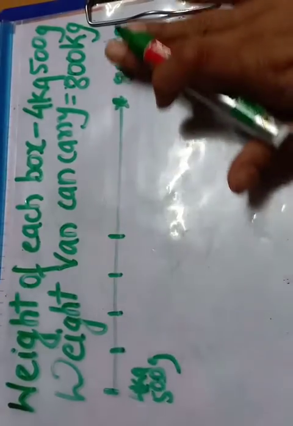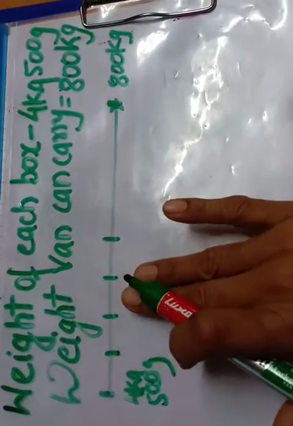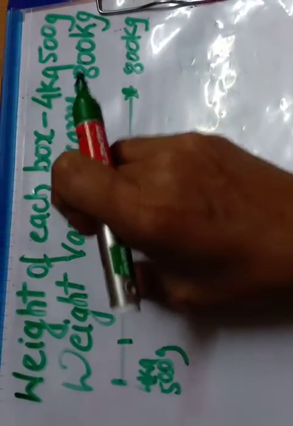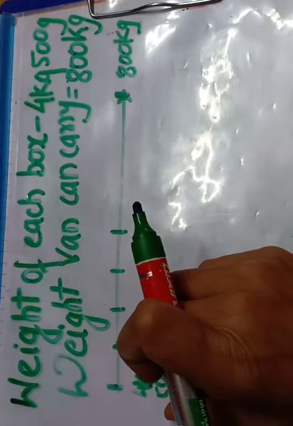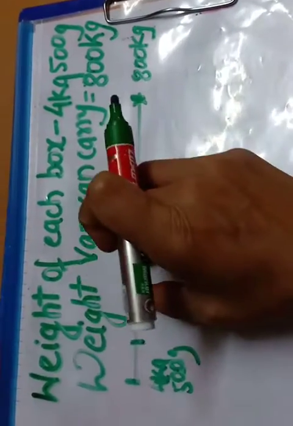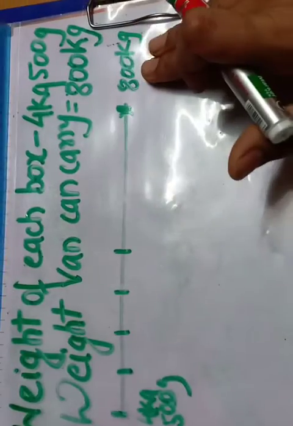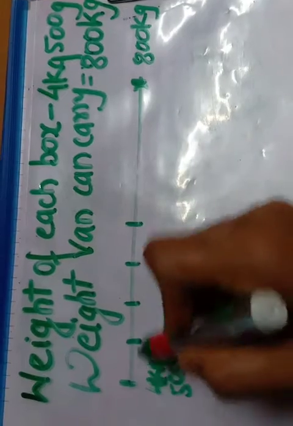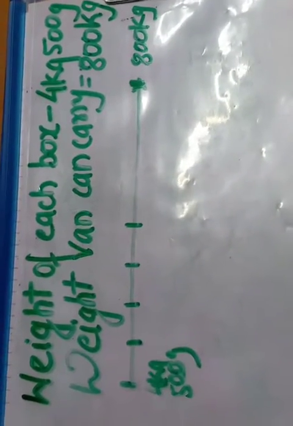So like this the weight is being distributed in groups, and the weight of each group is 4 kg 500 grams, and we have to find how many such small groups I can form. Means if the weight of each box is 4 kg 500 grams, how many such boxes can I put together so that their total weight comes out to be 800? So here which operation do you think we have to do? Yes, we have to do here division.